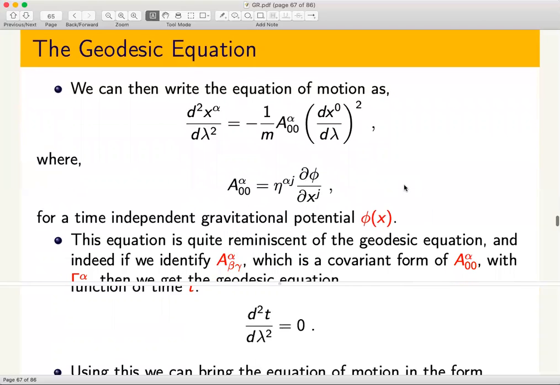Now you can look at this equation, and it's quite reminiscent of the geodesic equation, because the left hand side is a second derivative term and the right hand side is a term quadratic in velocities. Since the spatial components of velocity are small, they are not appearing here, and only the temporal component is appearing. But nevertheless, the quantity is quadratic in velocity, which is what we had said was the difference between, say, the Lorentz force and the geodesic equation.